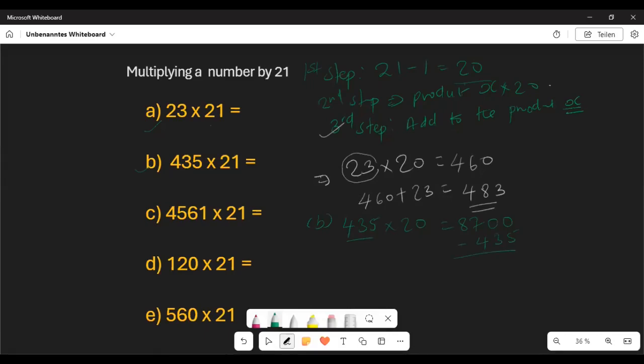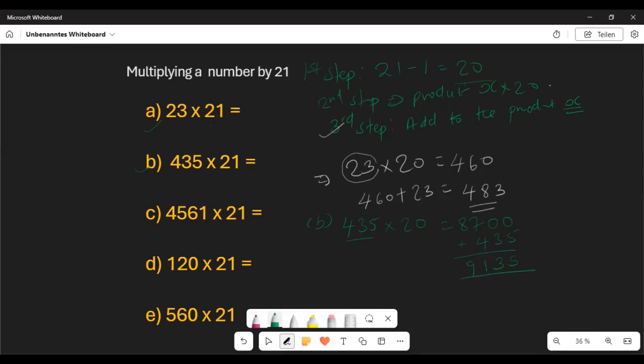So we add that, and we have our answer. The 35 is going to remain here, and we know that 7 plus 4 is going to give us 11, and then 1 plus 8 is going to give us 9. So 9,135 is the answer.